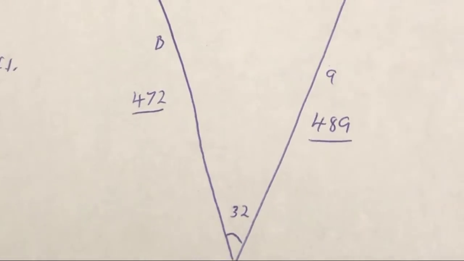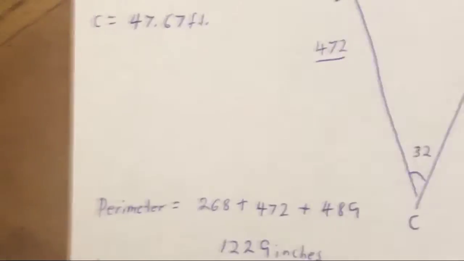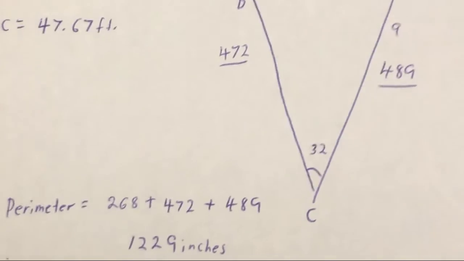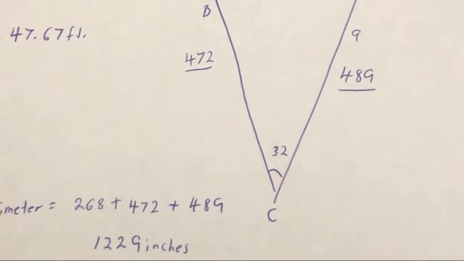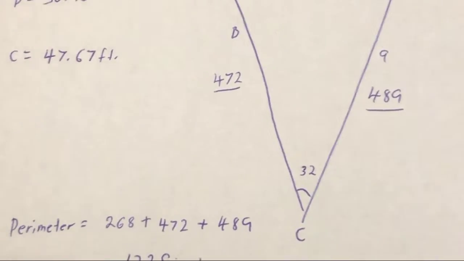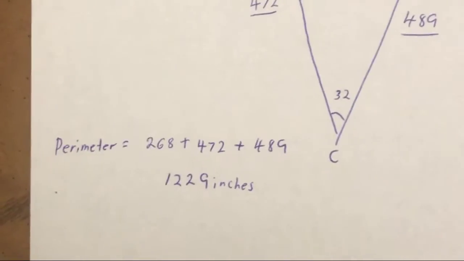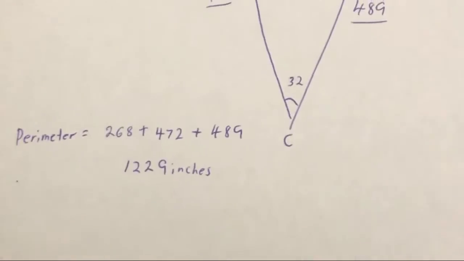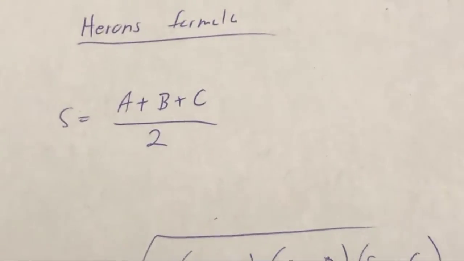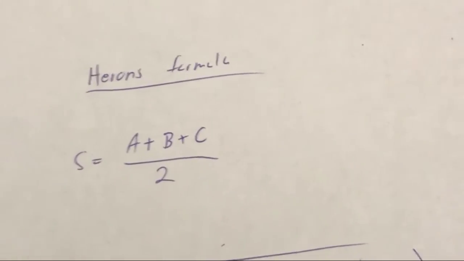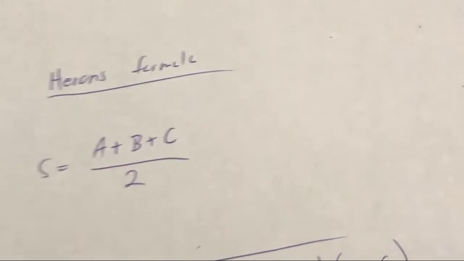Okay, now that we found the sides, the angles for our triangle, and the height of our trees, it's time for the perimeter. For our perimeter, we add just the 3 sides, 268, 472, 489, which equals 1,229 inches. And for the area of our triangle, we use Heron's formula, where we use the semi-perimeter, which is A plus B plus C divided by 2.